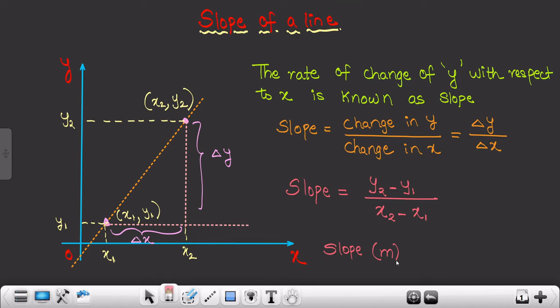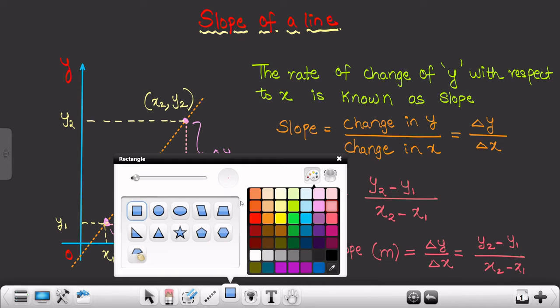So slope, or m, is equivalent to del y upon del x, which is equivalent to y2 minus y1 upon x2 minus x1. I hope you understood up till here. Let me highlight it and then we will proceed further.